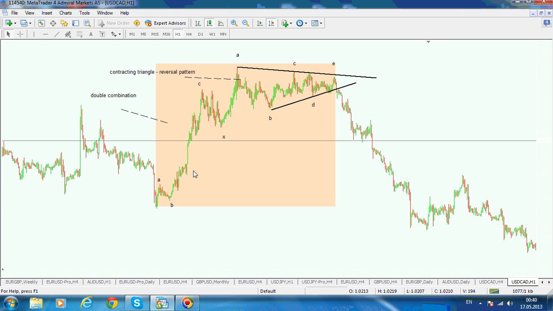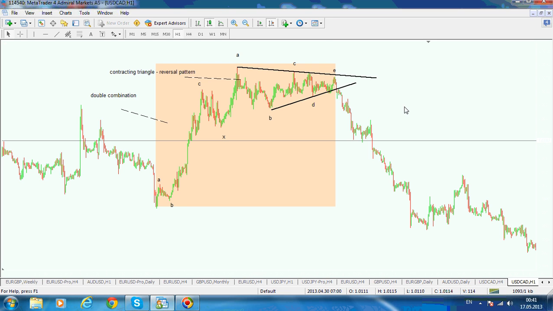In a triple combination you have A, B, C, X, and then another A, B, C, and X, and only after that A, B, C, D, E, and this should be the end of the correction. And basically, in terms of wave count, this whole move, this double correction, should be labeled as only one wave. I don't know, here probably an X wave or a B wave.